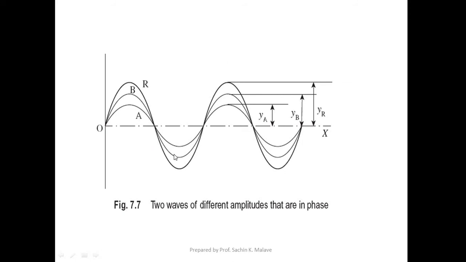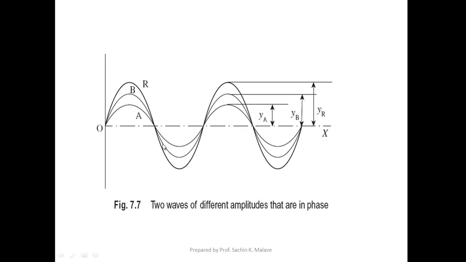So we know that, let us say, suppose two waves of light have started from the same point. Say O is the source of the light, A is one wave, B is another wave, and we know that according to Huygens theory, the light propagates in the form of a sinusoidal wave, isn't it?